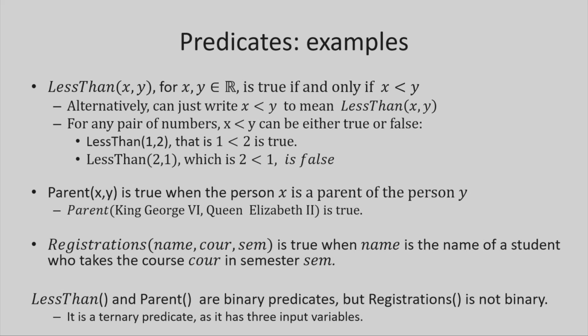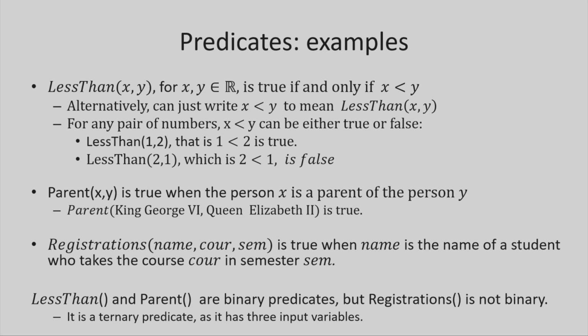And if I write less than with x being 2 and y being 1, that would be false. Often for predicates that take 2 elements, the binary predicates, especially such common ones as less than, we just write them the way you used to write them, like x less than y. But we still think about it as a predicate. X less than y can be true or it can be false.